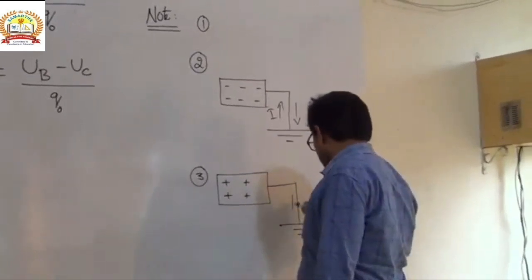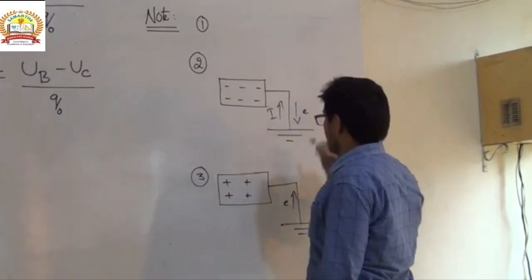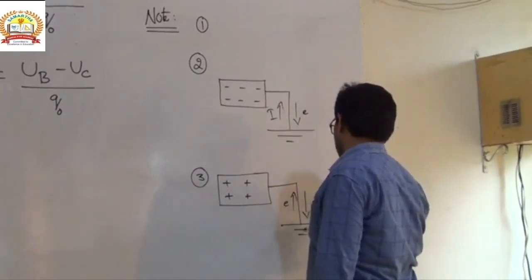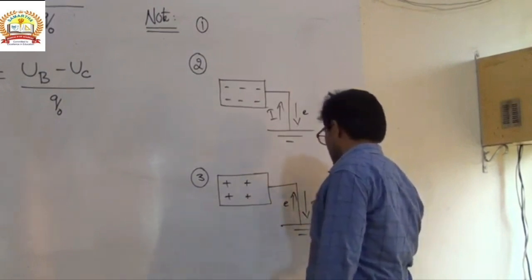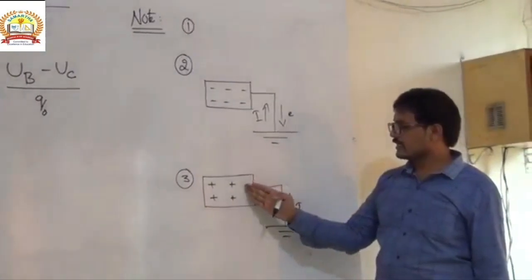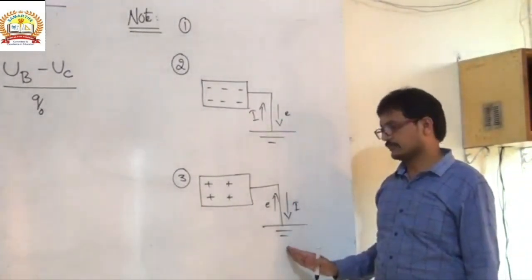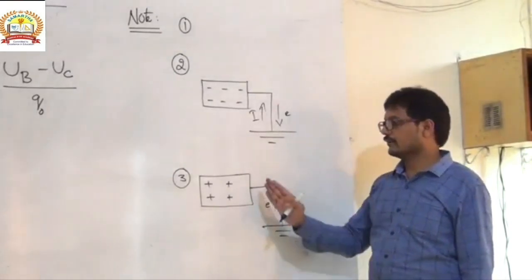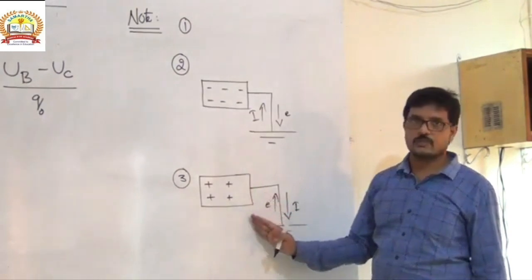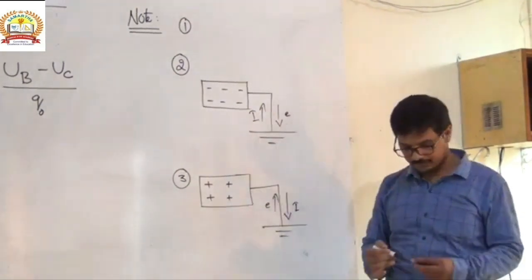So the electrons flow from the earth to the body, and the current direction will be downward. Initially it has a higher potential than the earth, and after earthing the potentials become equal.